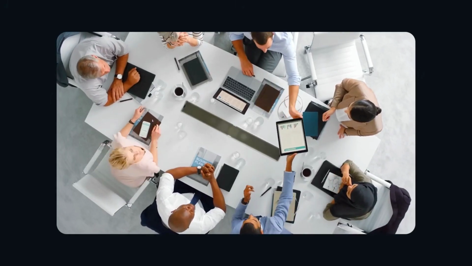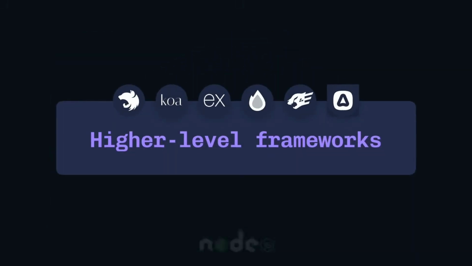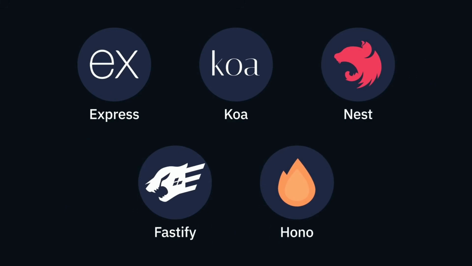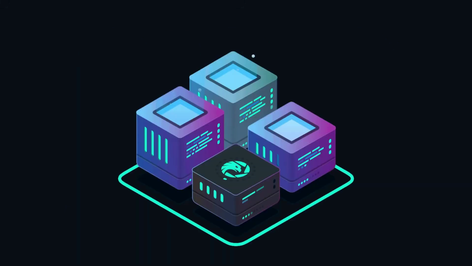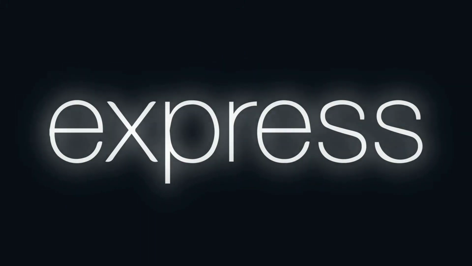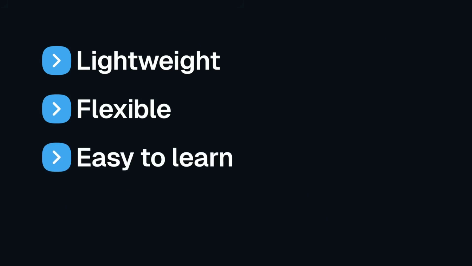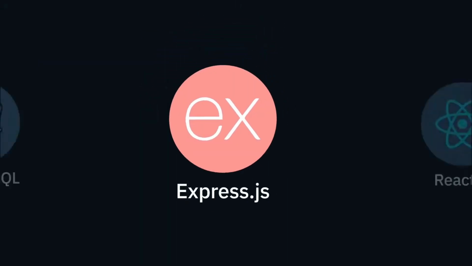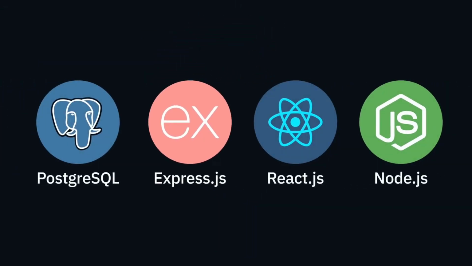This is why developers build higher-level frameworks on top of Node. Express, Koa, Nest, Fastify, or Hono. But the one that shaped the industry the most, the one used in countless production systems, is Express.js. It's lightweight, it's flexible, easy to learn, yet powerful enough for apps of any size. It's the E in your PERN stack, and it's what I'll teach you next.